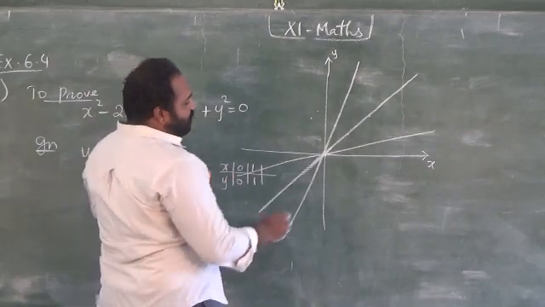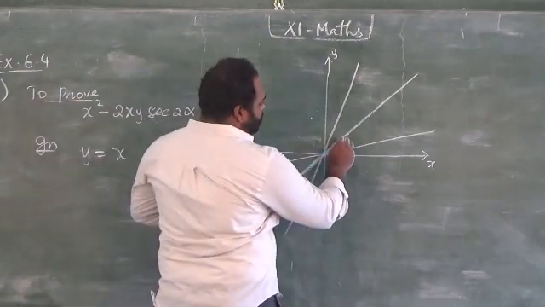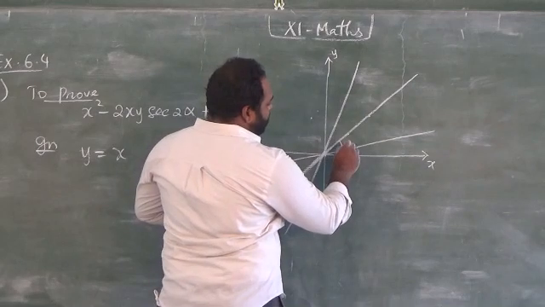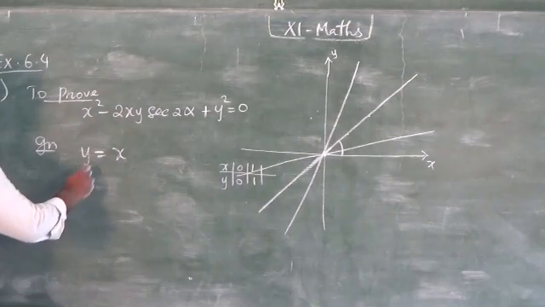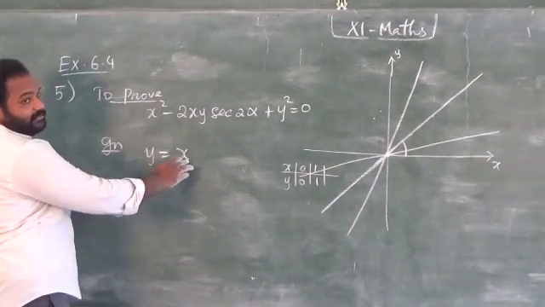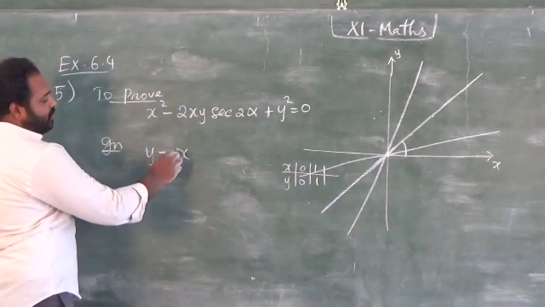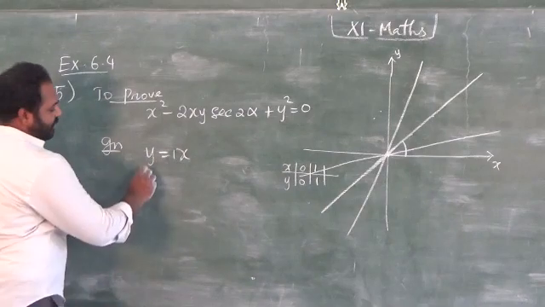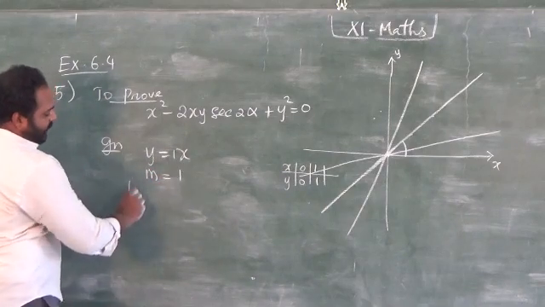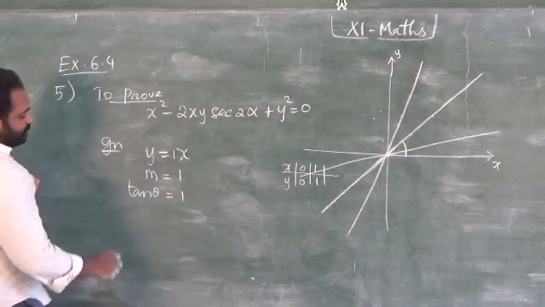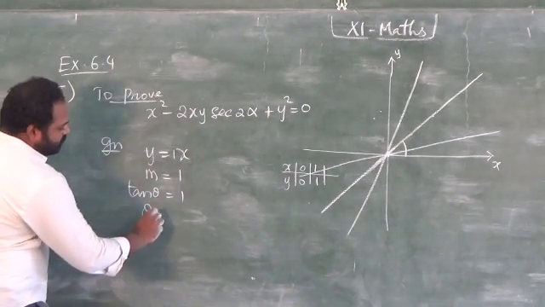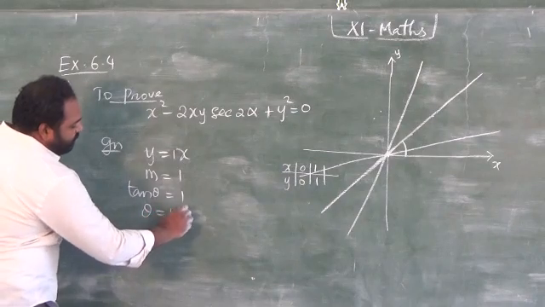So here first I am going to find out this angle. How can we find out this angle? So this is the format of y is equal to mx plus c, no? So here instead of m, 1 is hiding. So here m is 1. So tan theta is 1, no? So theta equal to 45 degree.